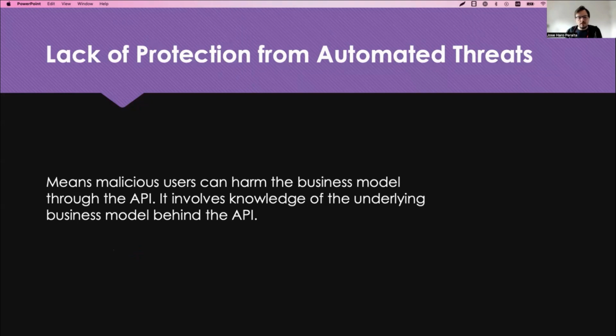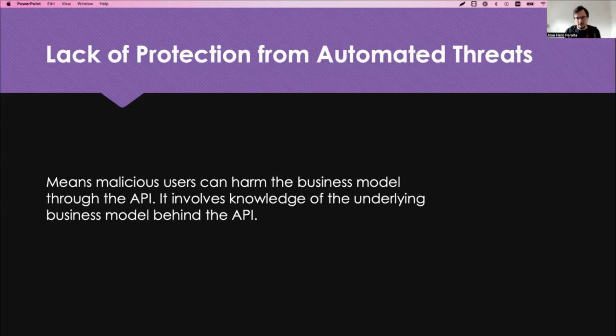Next one is lack of protection from automated threats. This category is also new in 2023, and this is actually the most difficult to handle from an API point of view. What it means is that a user can leverage knowledge of your business model behind the API to cause harm to your business.